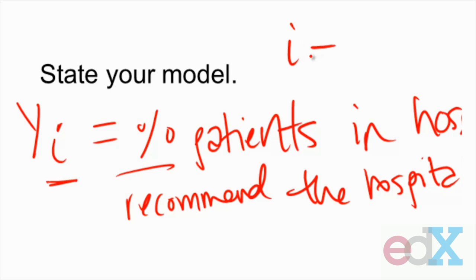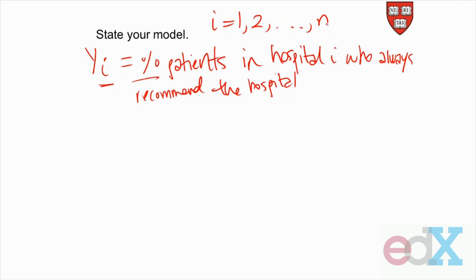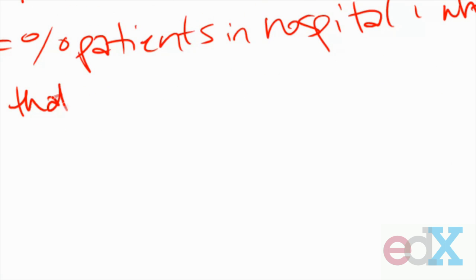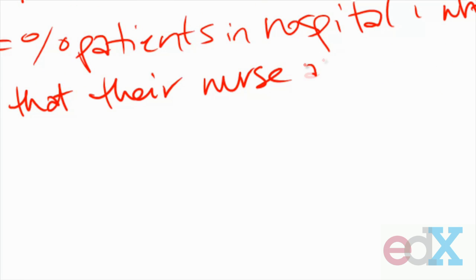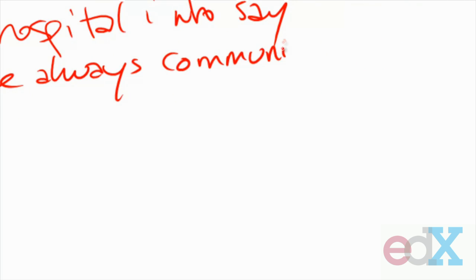So we'll say there's i equals 1, 2, all the way up to n different hospitals, where n is the total sample size. Now my explanatory covariate is going to be x. X is defined as, again, the percent of patients in hospital i who say that their nurse always communicated well.